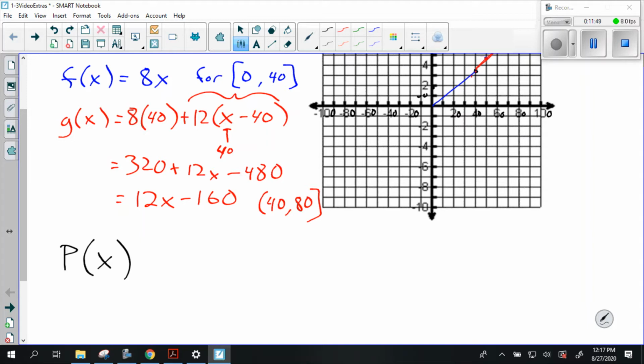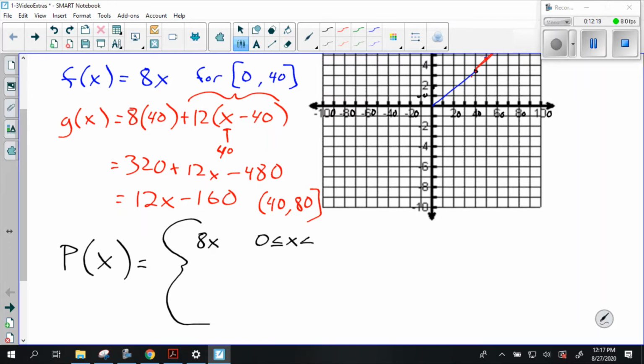So p of x is going to be equal to, we're going to use this fun bracket here. And our first function is going to be 8x. And we're going to say that that's only going to be defined for values from 0, including 0, all the way up to 40, right?